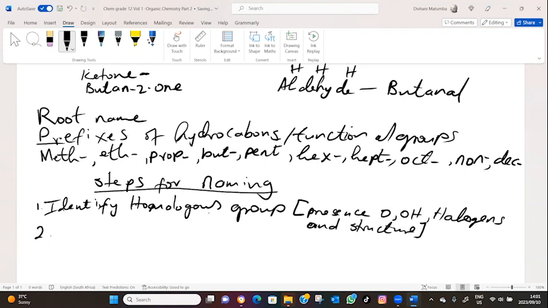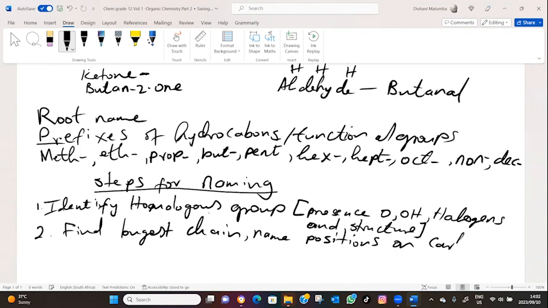Number 2, you have to find the longest chain. And then name positions of carbons.